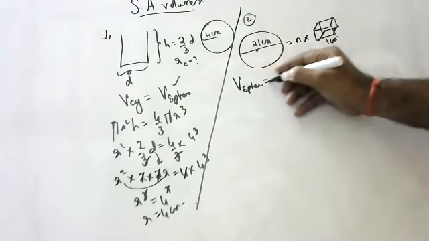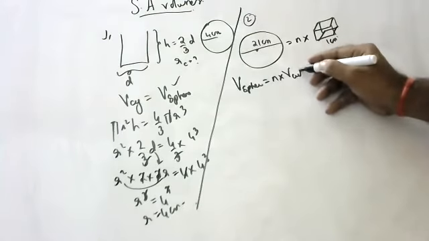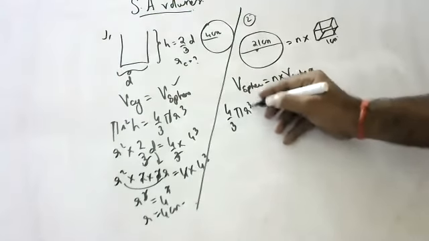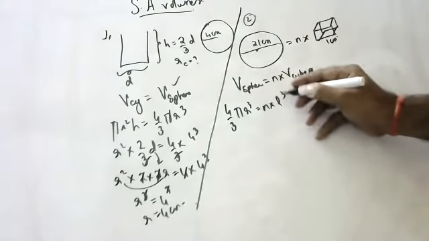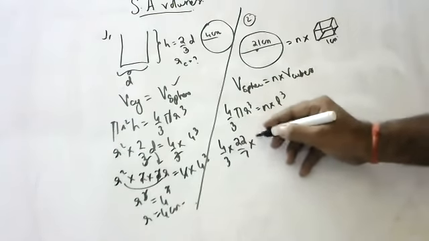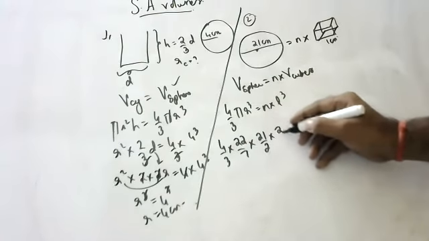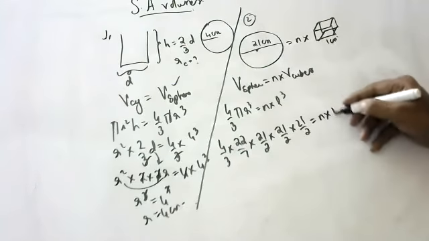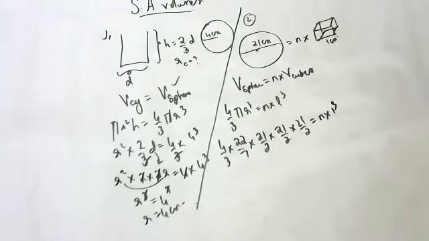Volume of sphere is equal to n into volume of cubes. 4 by 3 pi r cube is equal to n into L cube. 4 by 3 into 22 by 7 into 21 by 2 into 21 by 2 into 21 by 2 is equal to n into 1 into 1 into 1.